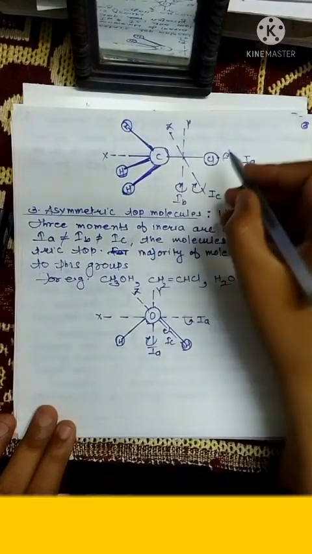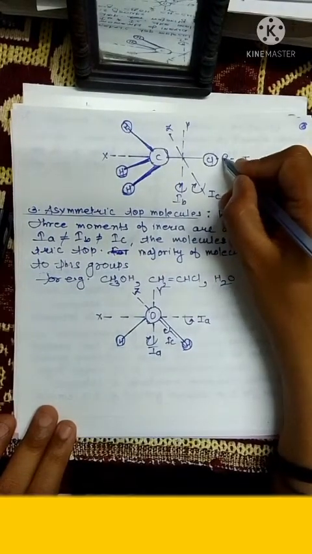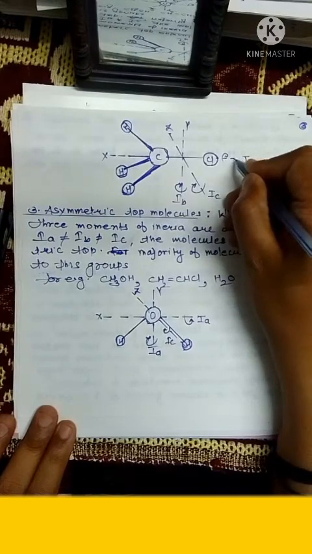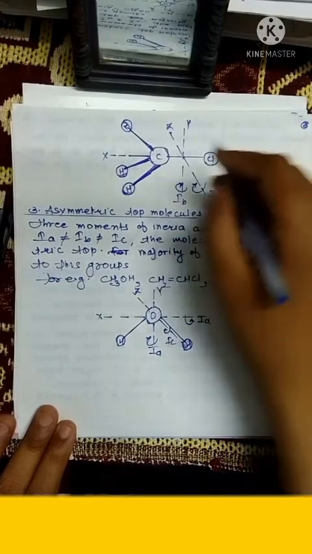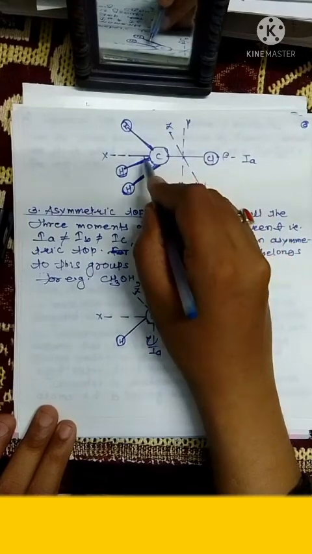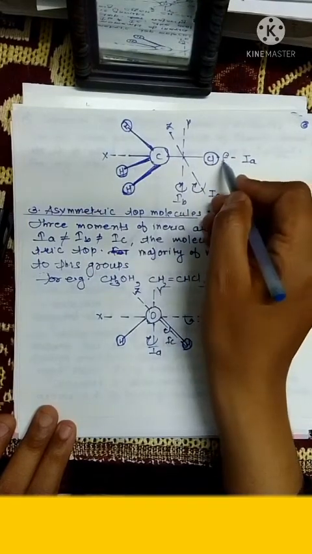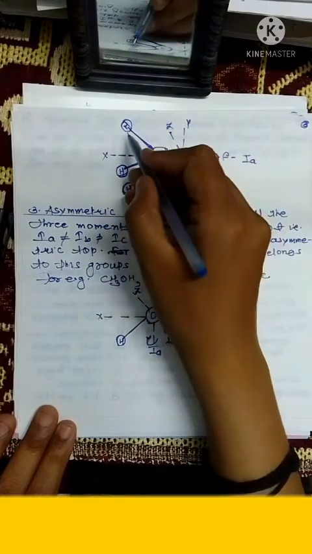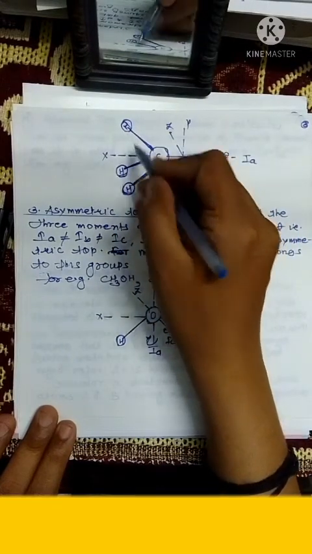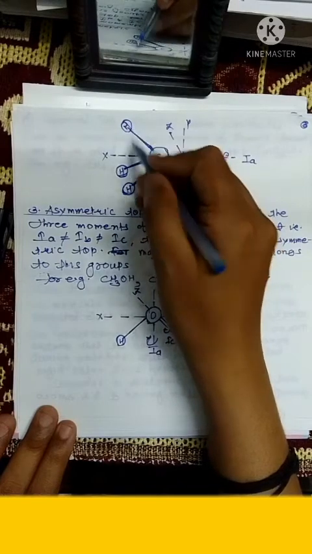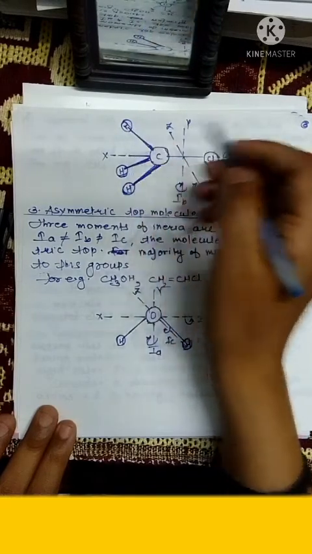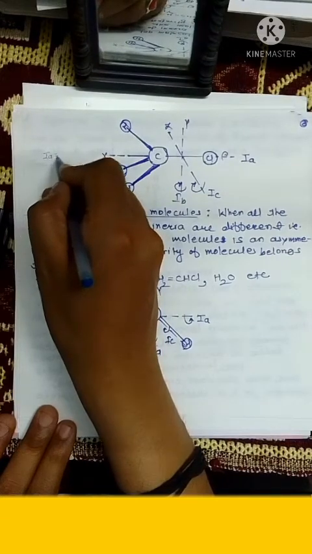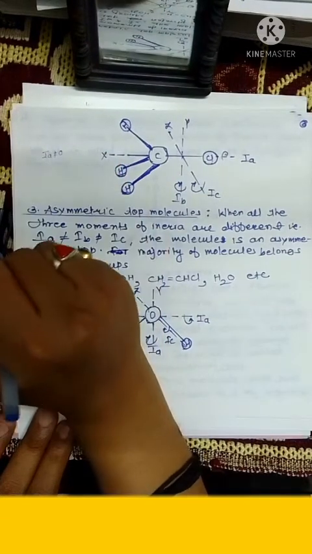What happens if we rotate this molecule along the x-axis? It is a clear concept that if we rotate this molecule along the x-axis, only the position of hydrogen changes. So that's why Ia cannot be 0 in this case.